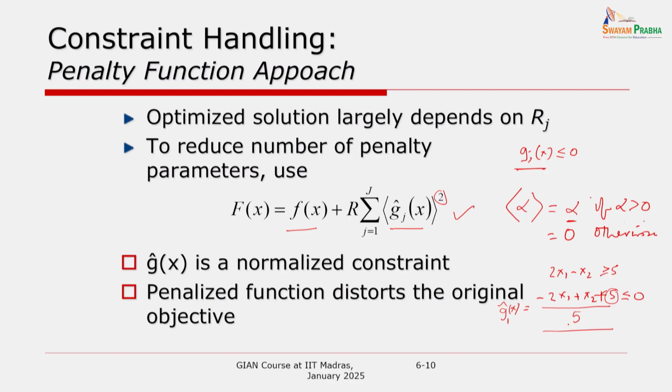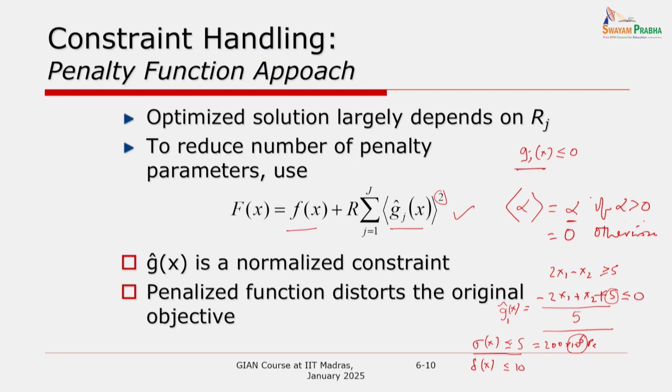Why? Because I may have a stress constraint that says stress should be less than or equal to strength, and the strength values are usually large, like 200 megapascal, or 200 times 10 to the power 6 Pascal for steel. I can have another constraint like the deflection, which could be less than or equal to, let's say, 10 millimeter. Even if you have a violation, it can be of the order of 10 to the 6.